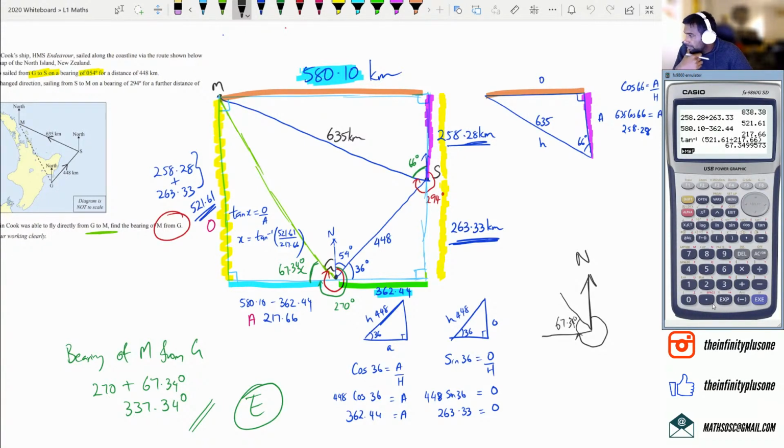So in terms of merit for this, MX or GX. To get a merit in this question, you either need to get this part right or this part right. So you can do 360.